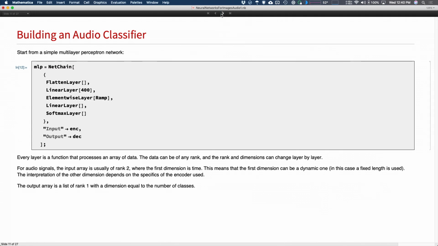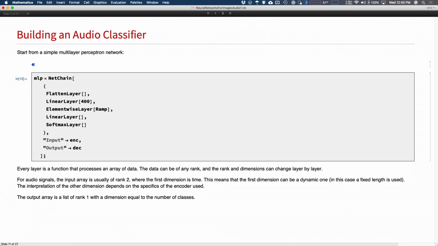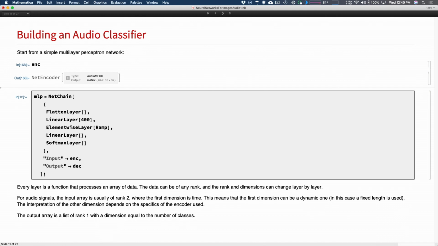So, what are we doing for our network? Let's remember that we have an encoder that produces a fixed size matrix. So what happens here is simply flattening our matrix into a single vector. And then this is a simple multi-layer perceptron, which is made up of fully connected layers, which are matrix multiplications that are then passed through a nonlinearity.